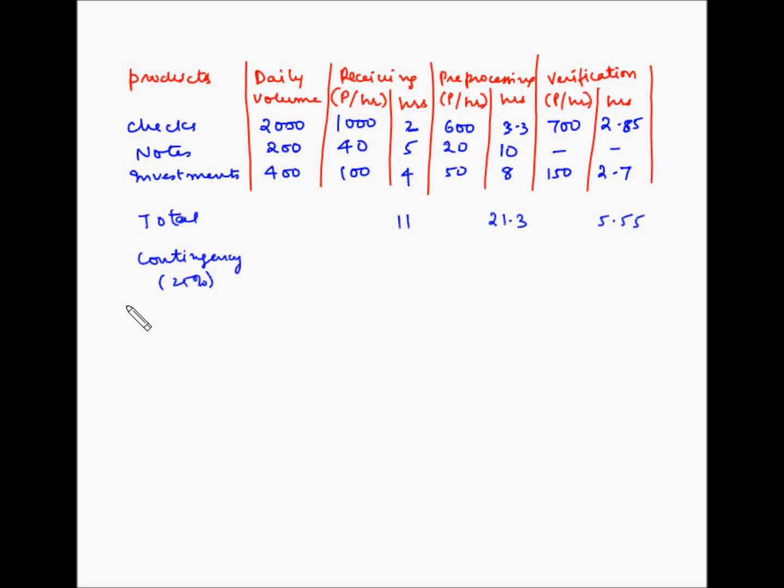So in other terms, we can multiply these numbers by 1.25. So 11 multiplied by 1.25 is 13.75. 21.3 multiplied by 1.25 is 26.625, and 5.55 multiplied by 1.25 is 6.9.